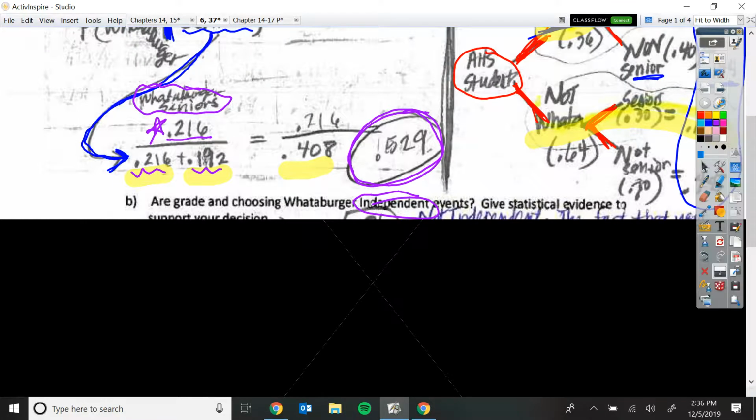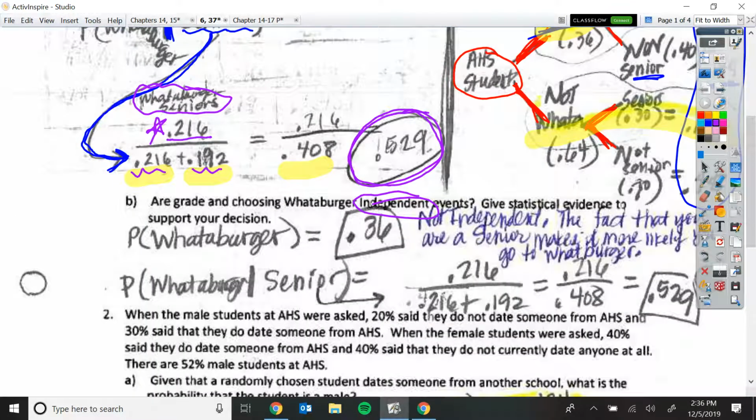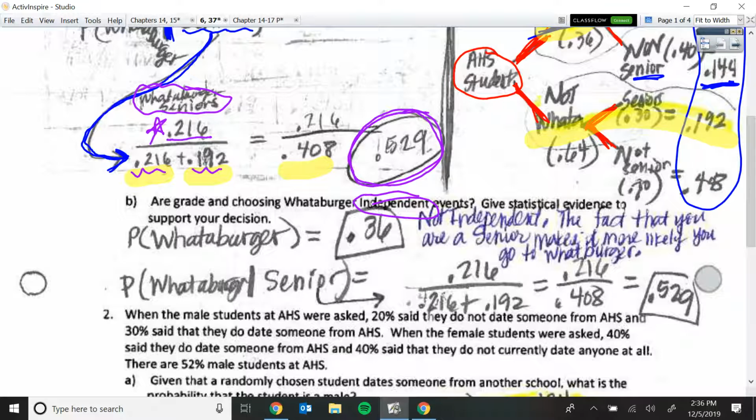And since I already had the Whataburger, given that it's a senior, from up above, I just rewrote that. I didn't have to show all that work again, but I did. That was my 52.9%. And then I compared it to Whataburger overall to see if the fact that you're a senior changed the rate at which you went to Whataburger.